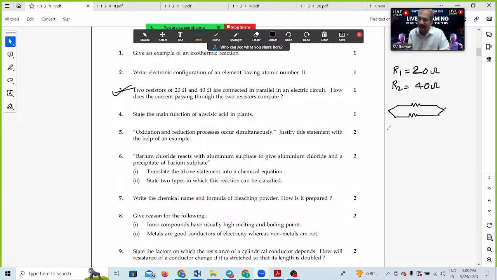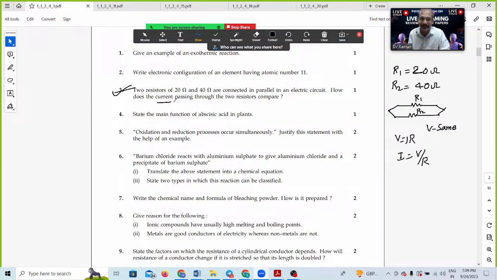Now here they didn't give any voltage. Yes, voltage is the same. If the R1, R2 resistors are in parallel, the voltage will be the same. Now what do we need? Current. According to Ohm's law, V is equal to IR, so I is equal to V by R. What are they asking?